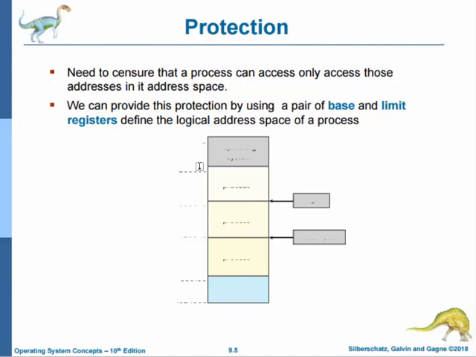Each process, including the operating system, has its appropriate memory addresses. So that each process is protected from other processes, they are bounded by the base. For example, in this process, this is the base, and the extent of it will be base plus the limit.